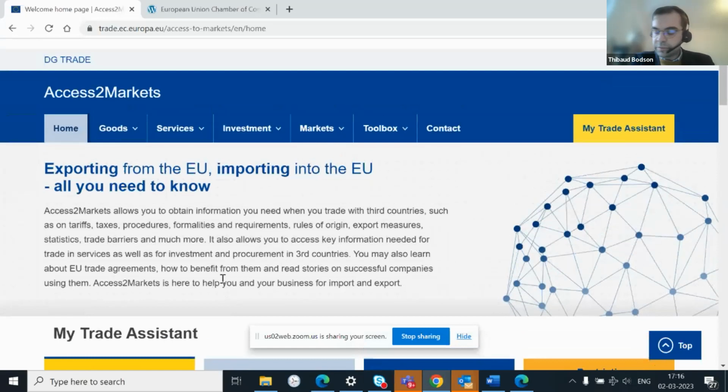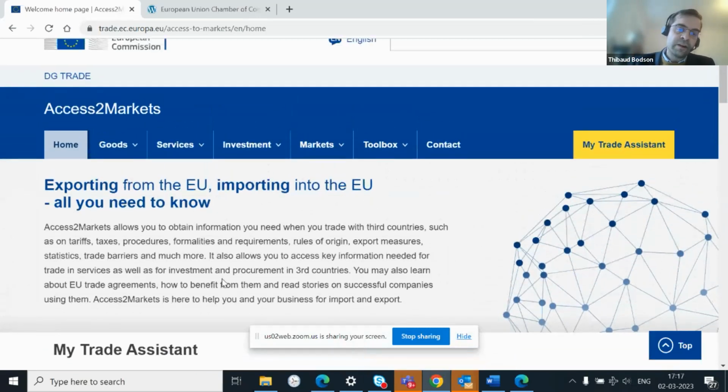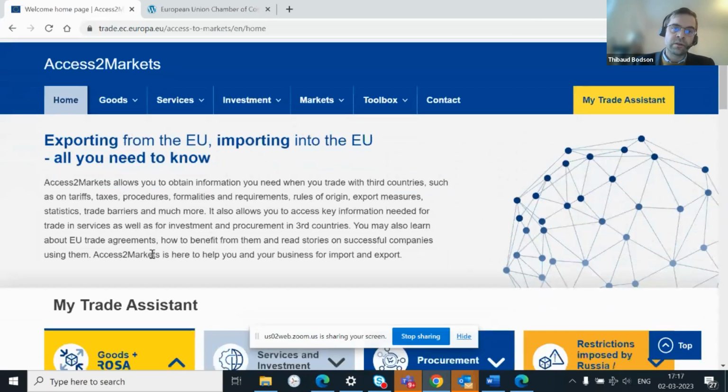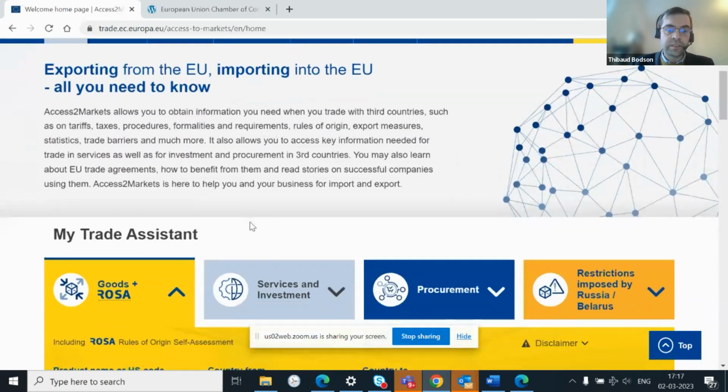So the first point is the objective pursued by my trade assistant for service and investment. Well, it's very much the sibling platform of my trade assistant for goods, but the focus is obviously on service and investment.